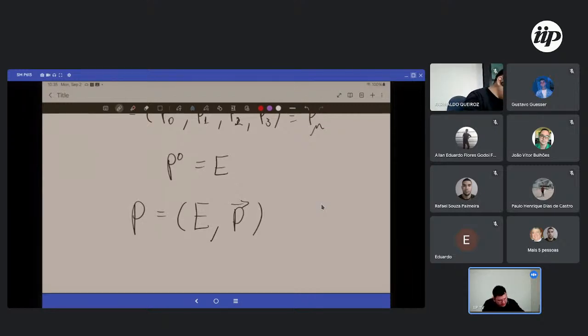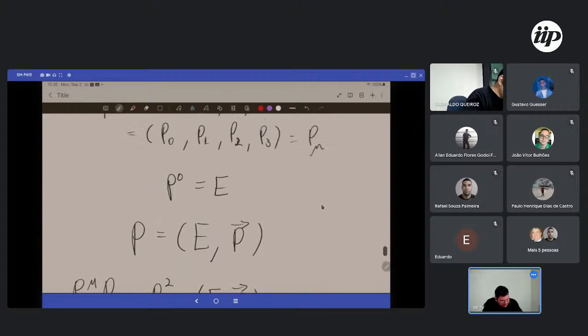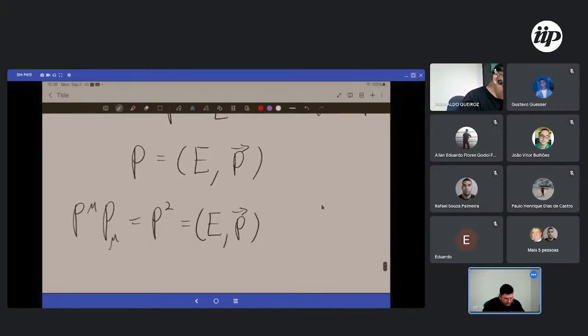So for example, there exists the scalar product between 4-vectors that we can define in that form, or P squared. And here appears a property: P_i is equal to minus P^i. So when we have i in the downside versus the upper side, we introduce a minus sign.